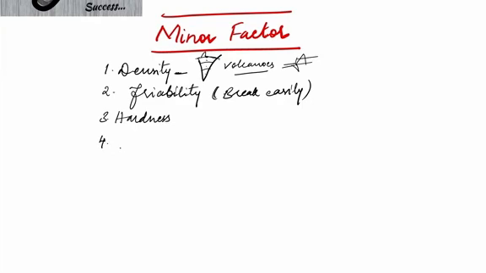Then the fourth one is composition. What is a layer composed of, like iron, and silicon. Different kinds of metals and minerals are composed, which forms a minor factor for influencing the Earth's formation.